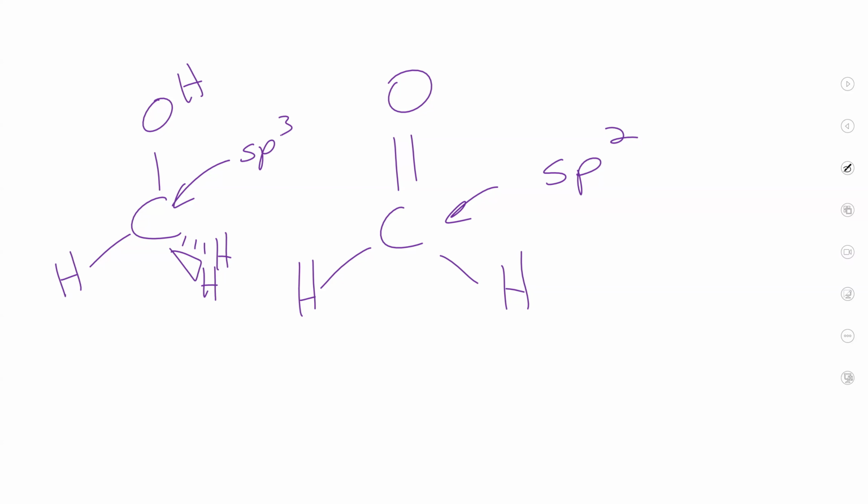If it's tetrahedral, it's sp3. If it's trigonal planar, it's sp2. And if you only have 2 things around that central atom, it's linear, right? So how many orbitals do we need to mix together for that one?